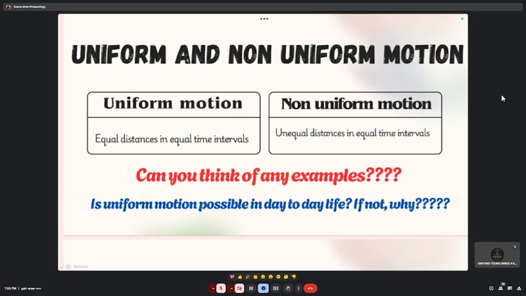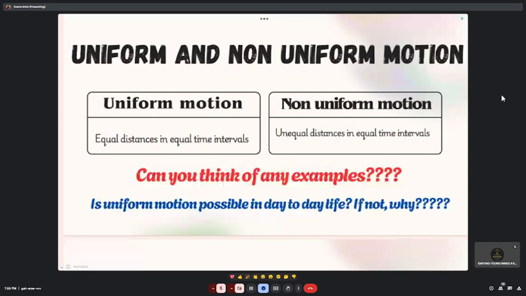Ma'am, the total distance covered, ma'am. Total distance covered. When I say the car is traveling at 40 kilometer per hour, it is currently traveling. What does it mean? It is not the total distance. The journey has not yet ended. So what do you mean by that?